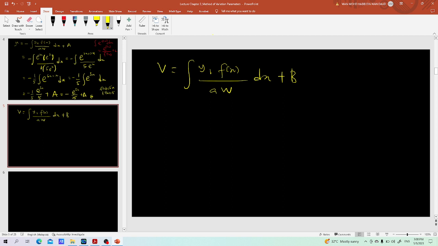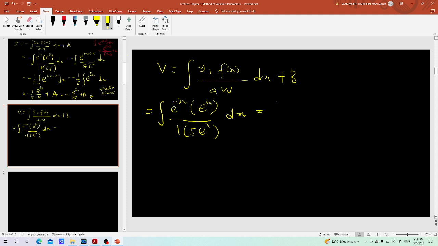Integrate e^(-2x), and then times f(x) is e^(3x), a equals 1, w equals 5e^x, dx.